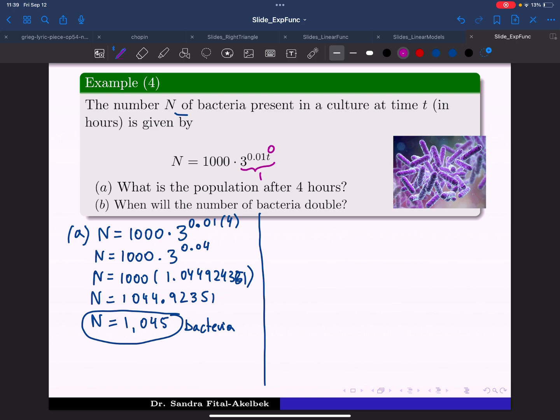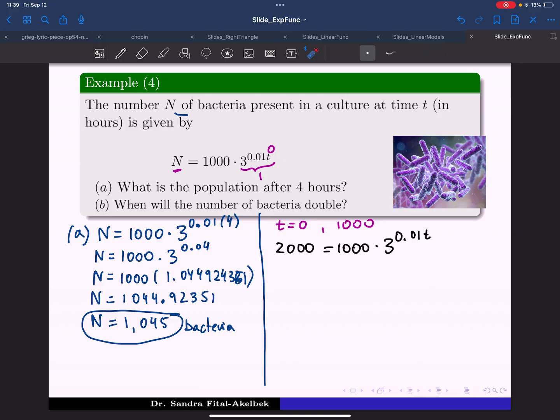So 1 times 1000, at time 0 we had 1000 bacteria. Now it needs to double. Double would be twice, so n would be 2000. So we have the equation 2000 equals 1000 times 3 to the power 0.01t.